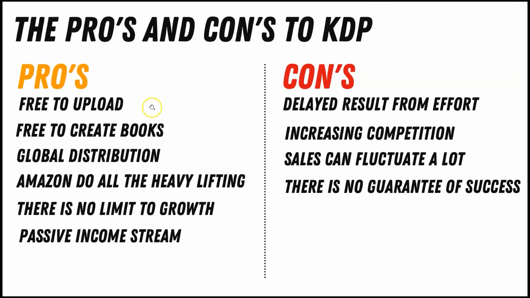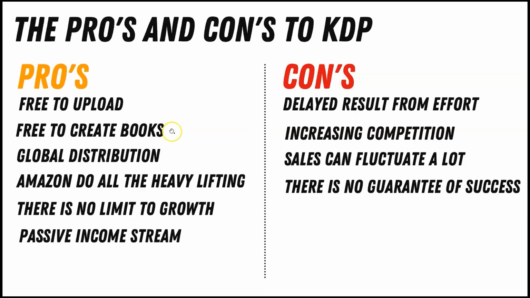You don't actually have to provide what they call an ISBN, which is your book identification number, or you do have to provide it, but they give it to you for free, whereas with other ways of publishing, you do have to purchase an ISBN.